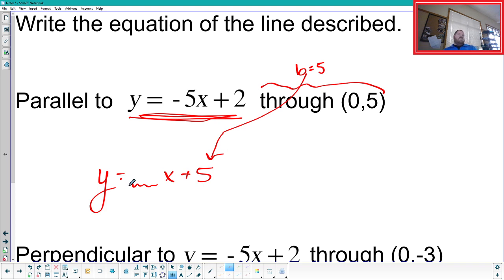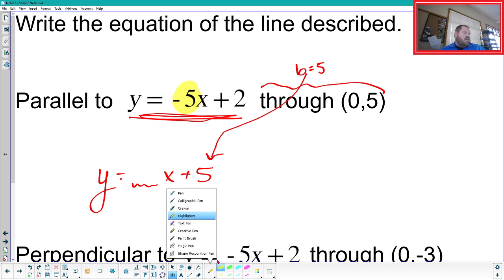That's good. Okay. Now let's talk about the slope, though. Because it says parallel to y equals negative 5x plus 2. Well, parallel lines, we just said, have the same slope. And it turns out that in this entire equation that they give me, the only thing I care about is what the slope is.